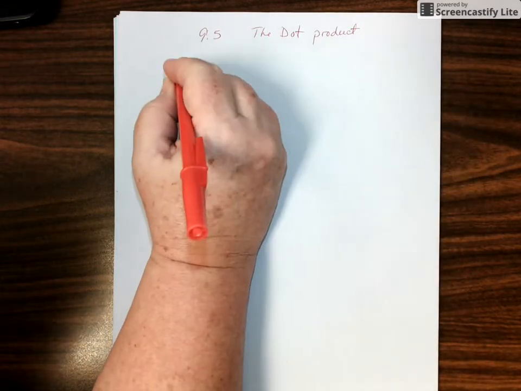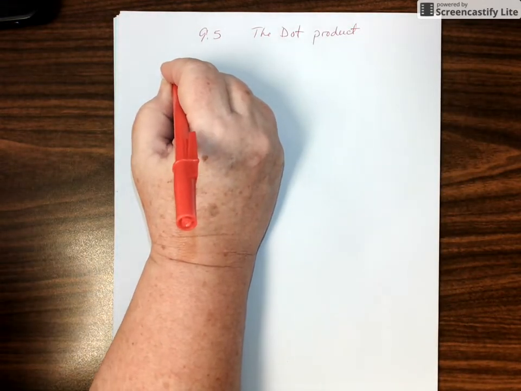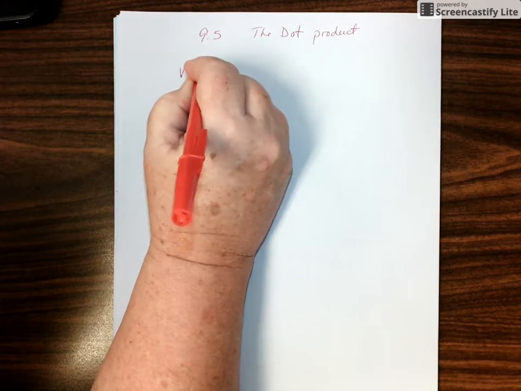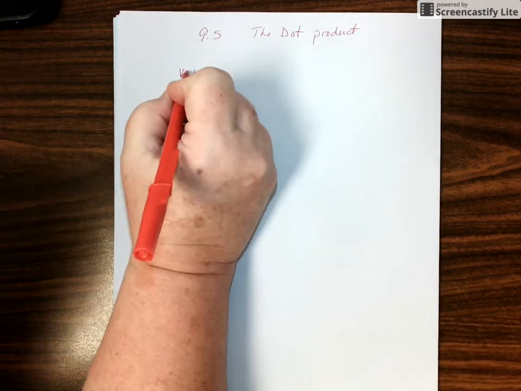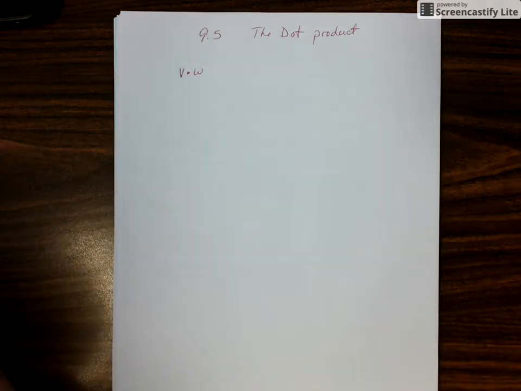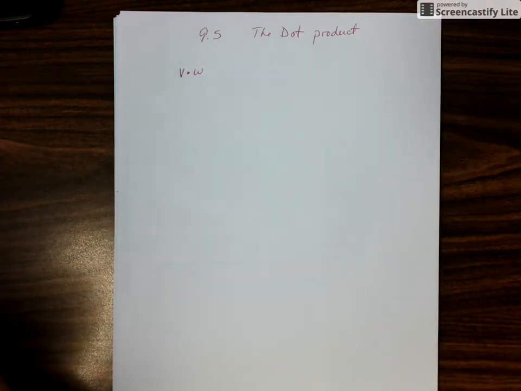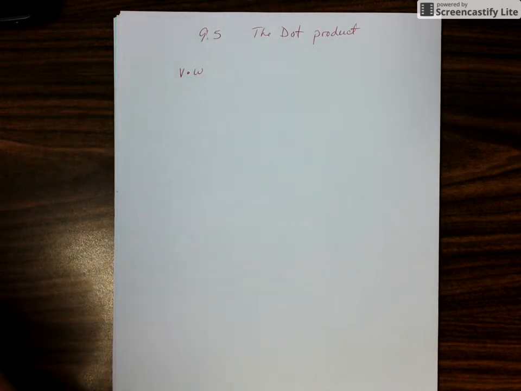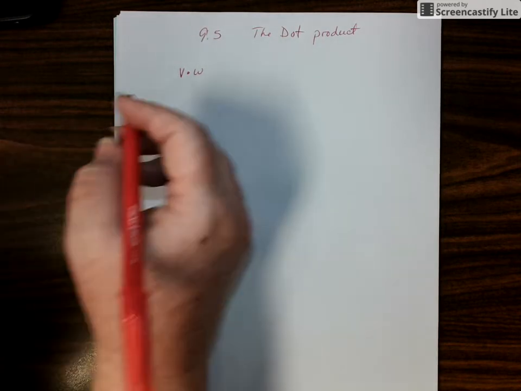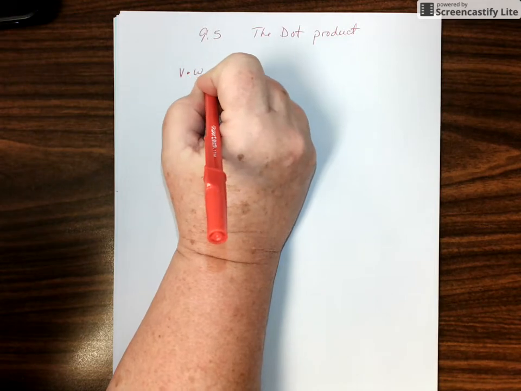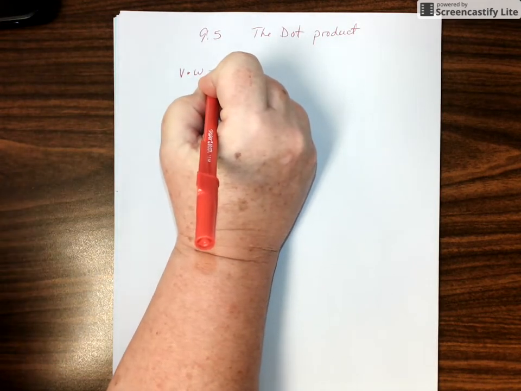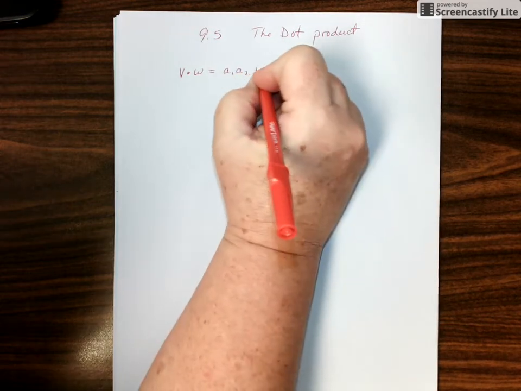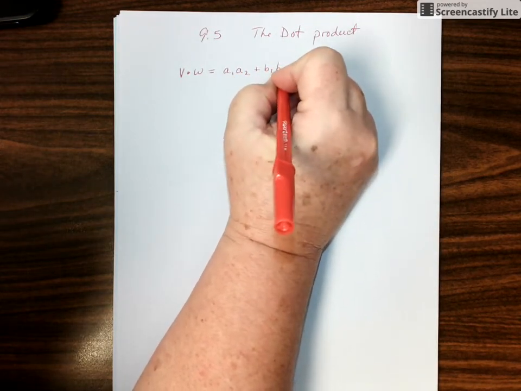So the definition of dot product between two vectors, so let's say I have vector v and vector w, and I want to do the dot product. First of all, we use the dot symbol for multiplication because the X symbol is actually a different type of product, which we're going to learn later in this unit. So it's v dot w is equal to a1 times a2 plus b1 times b2.